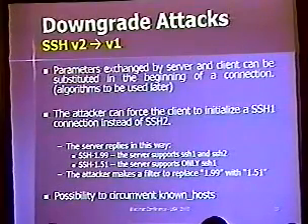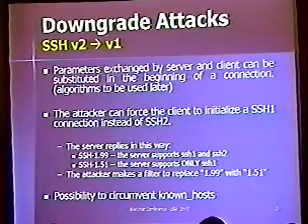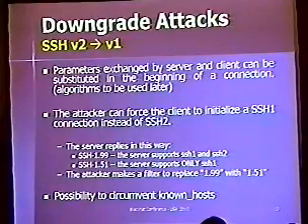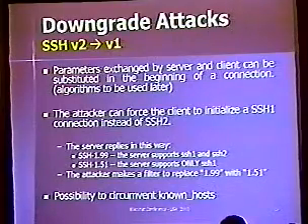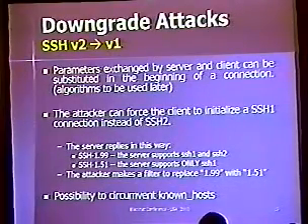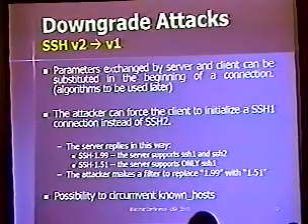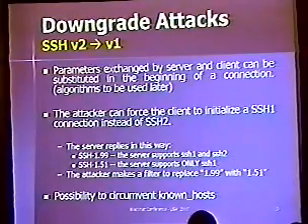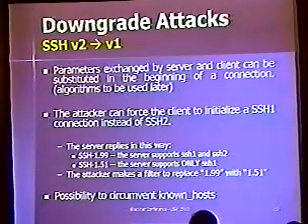But most people simply contact the server by typing ssh followed by the IP address or name of the server. In this situation, if both client and server support both version 1 and version 2 of the protocol, the client will use the better protocol version, so it will always contact the server using SSH version 2.